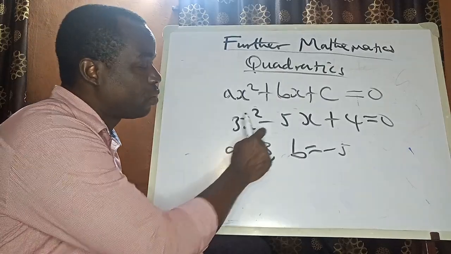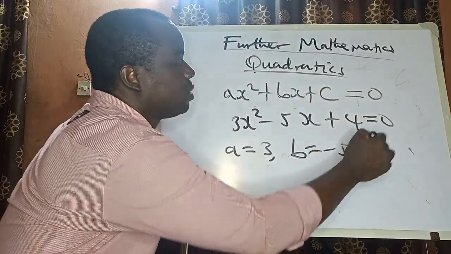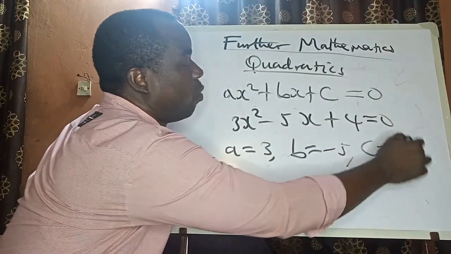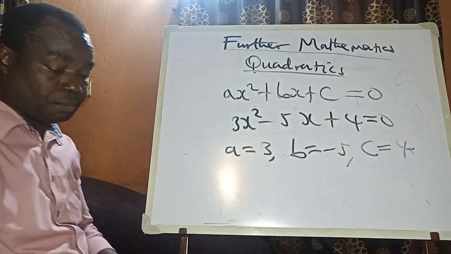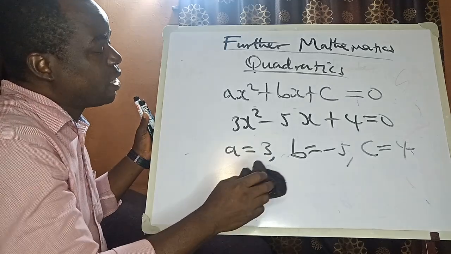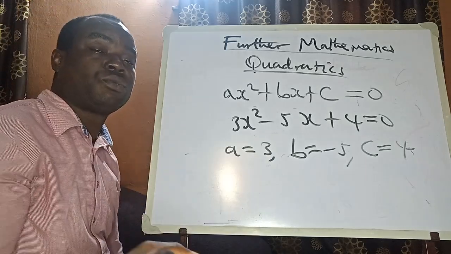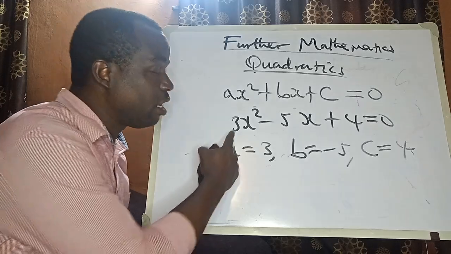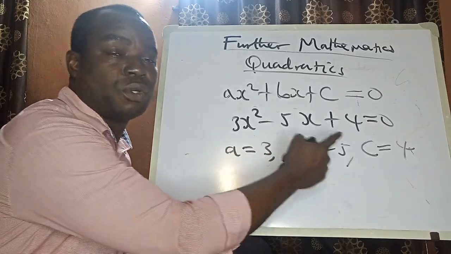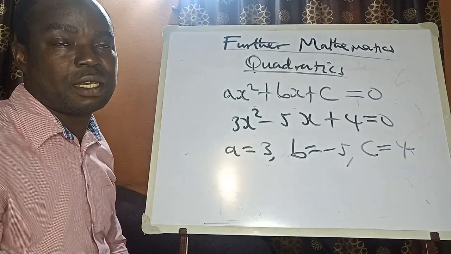We have to respect the minus sign. Then our c will be 4 because plus is silent. So our c is 4. So the first lesson now is all about you as a student being able to identify your a, your b, and your c in a quadratic equation.